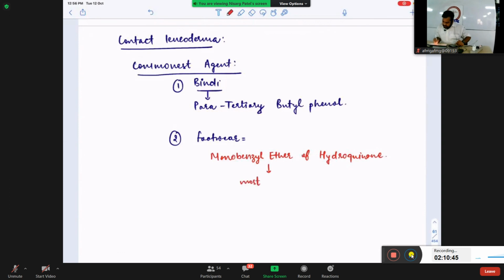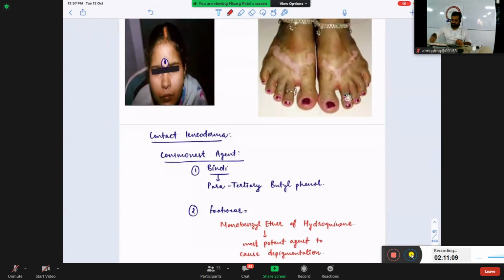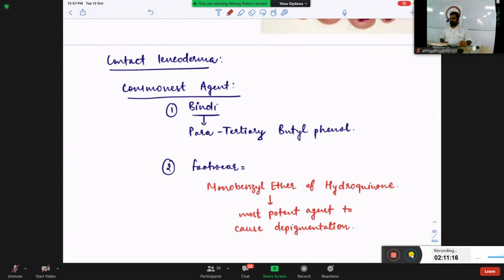And in dermatology, it is the most potent agent to cause depigmentation. So because of constant contact with this potent agent, monobenzyl ether of hydroquinone, the person has depigmentation on that area.